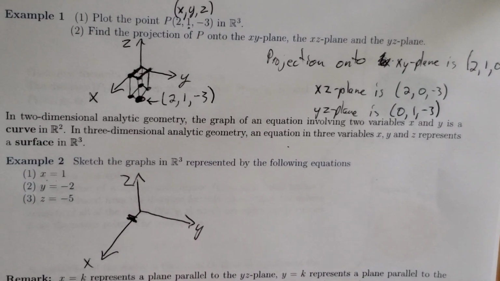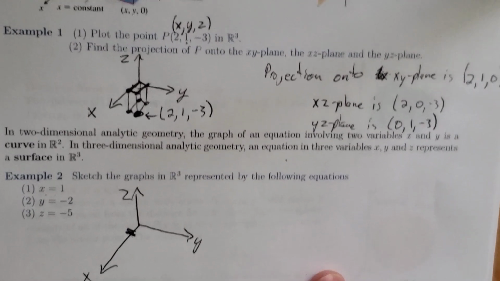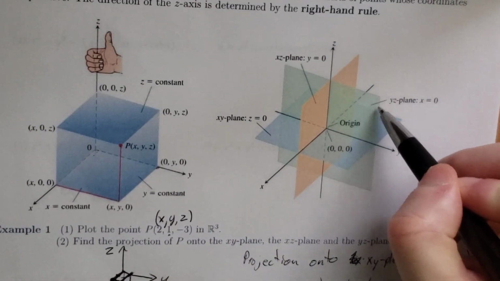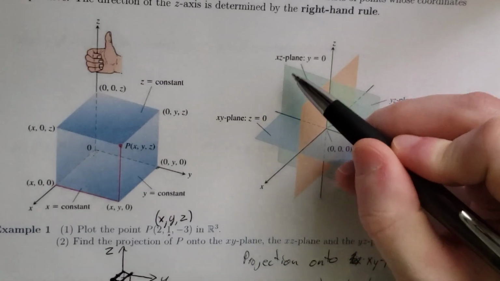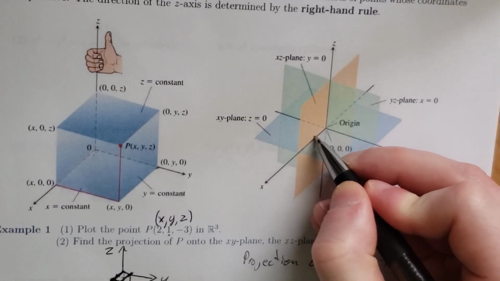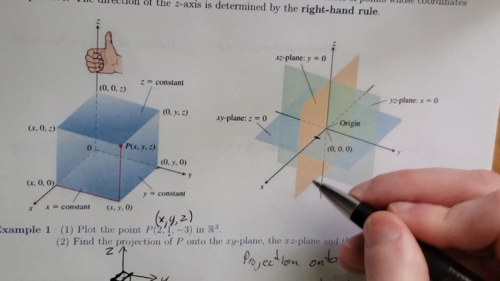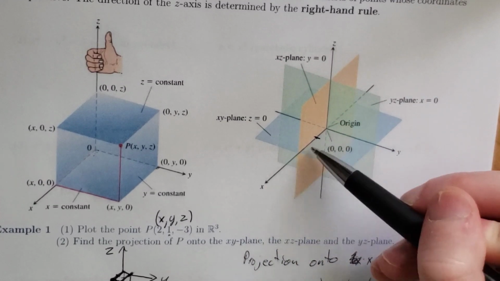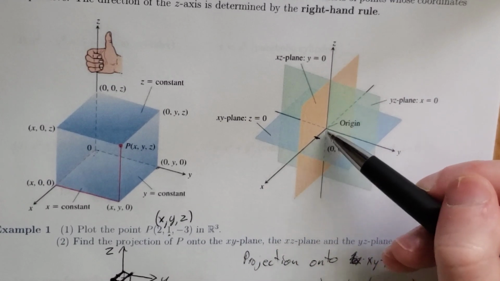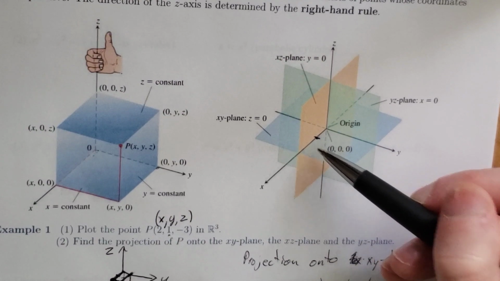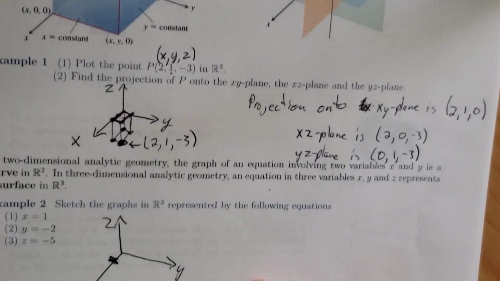And since y and z can be anything, this ends up being a plane that runs through this point and is parallel to the YZ plane. Well, if we go back up here, the YZ plane is this green one. So we want to draw that plane, except moved away from the x equals 0 mark and move to the x equals 1 mark. So we just want to move this plane forward 1 unit. So that's what we want to draw.